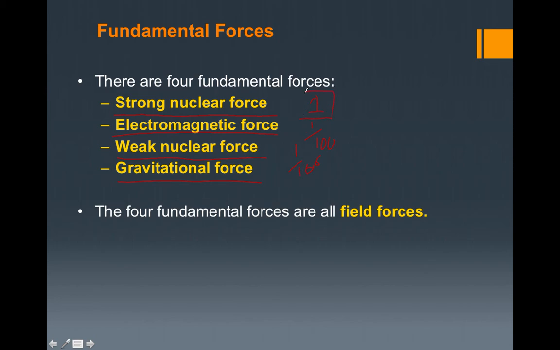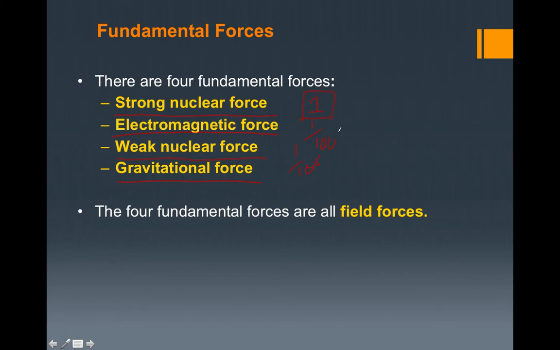The strong nuclear force is the force between protons that holds protons together. This is your proton-neutron force right here. It holds your protons and neutrons together. That's a glue holding positive charges together. It's a very strong force. Your electromagnetic force is your protons and electrons, or your electrons and electrons pushing against each other.